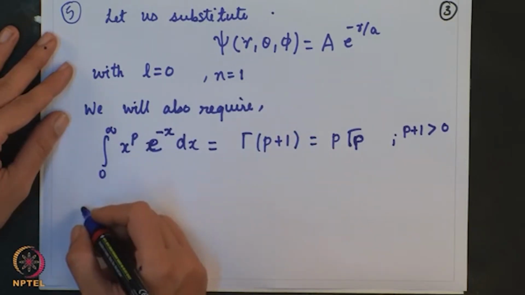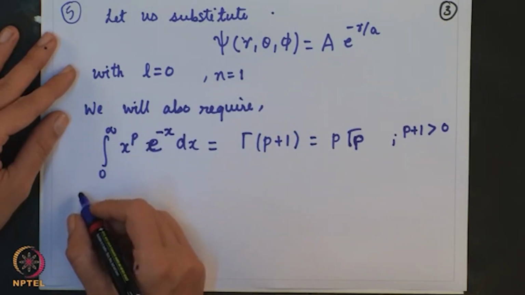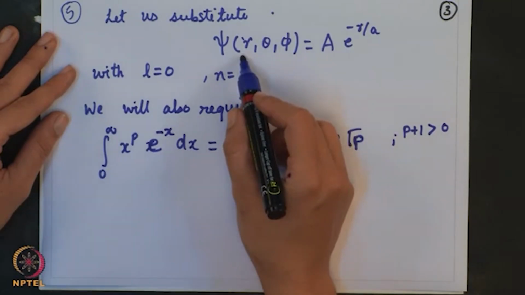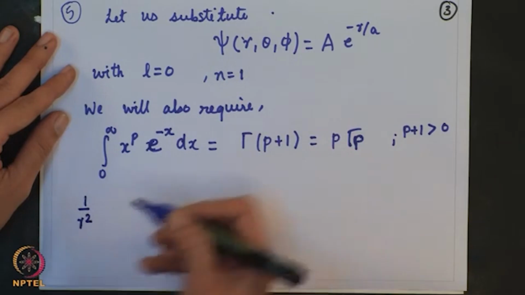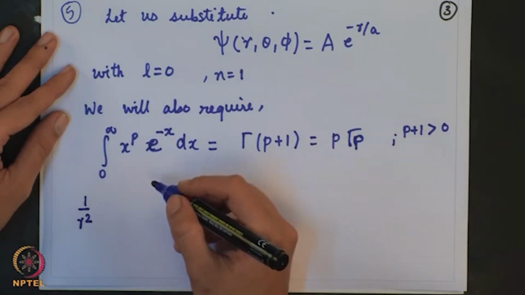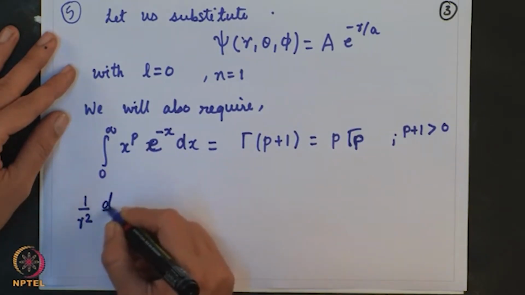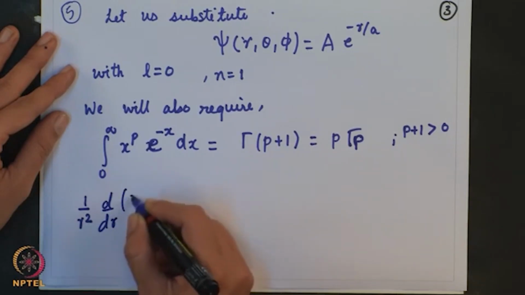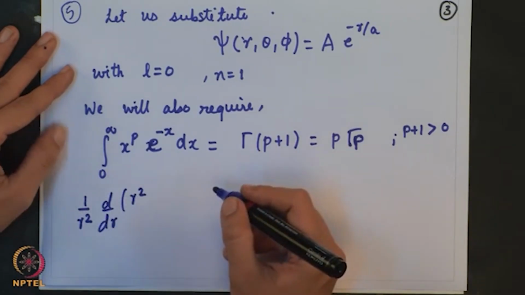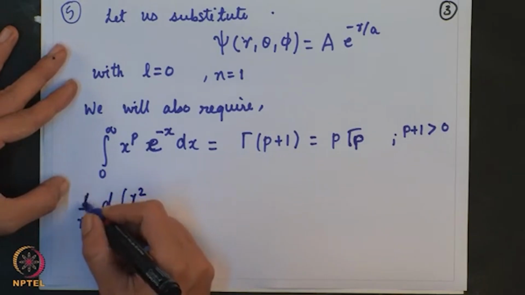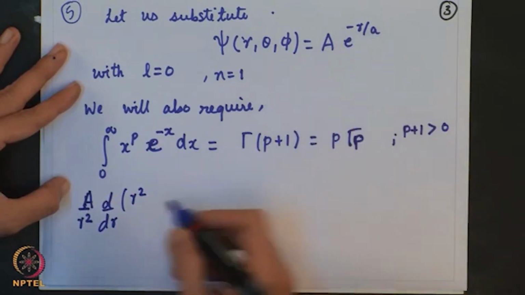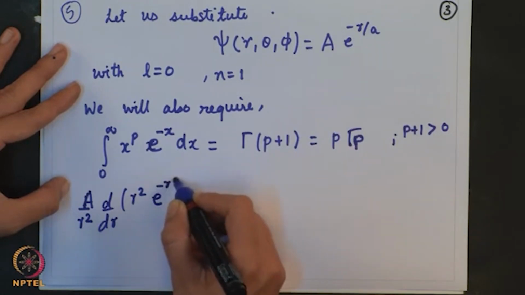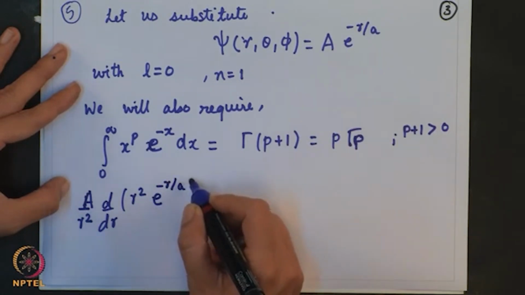So, when you substitute the wave function in the radial part of the equation, the first term is 1 by r square d by dr of r square d by dr, acting on the wave function a e raised to minus r by a.